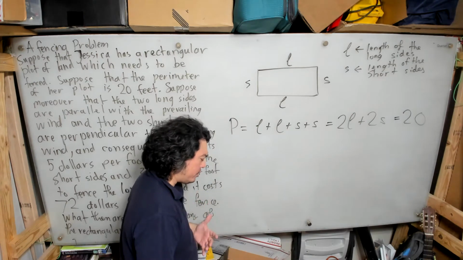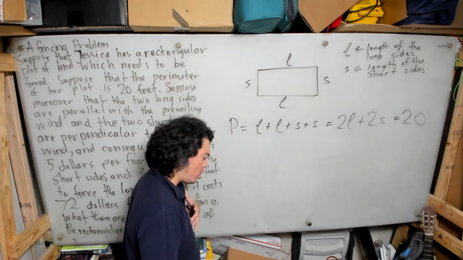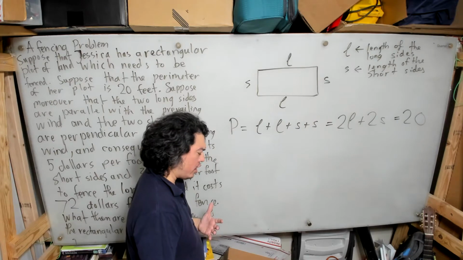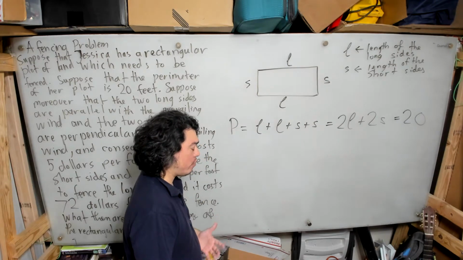But then they tell us that there's a cost for the long sides and there's a cost for the short sides, and we know the total cost.